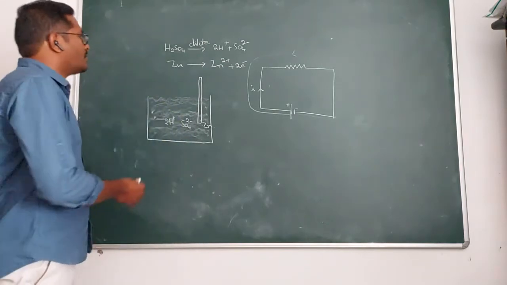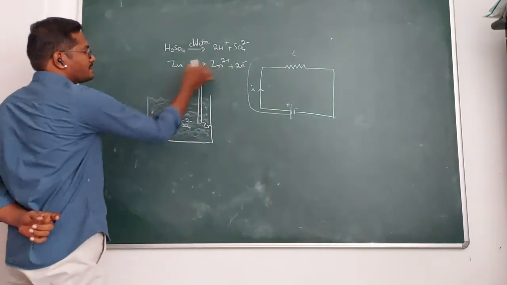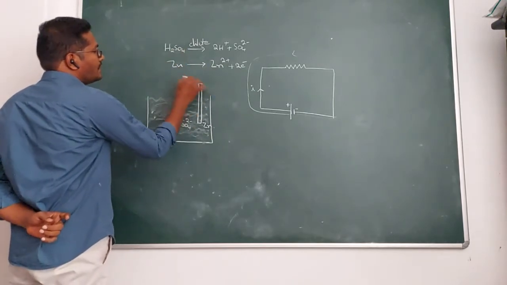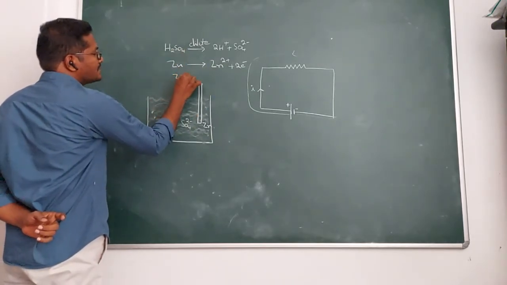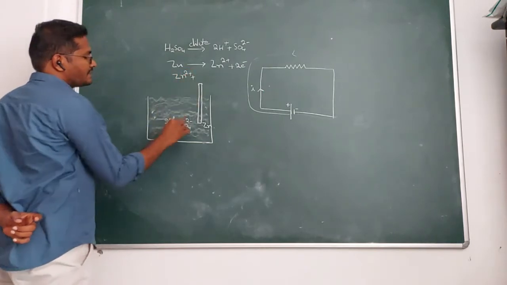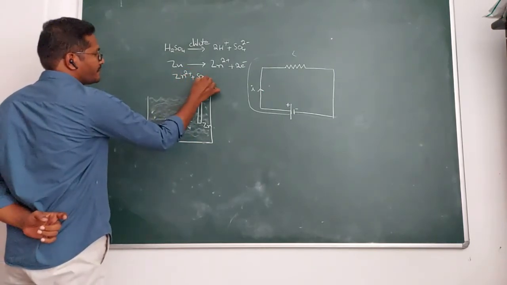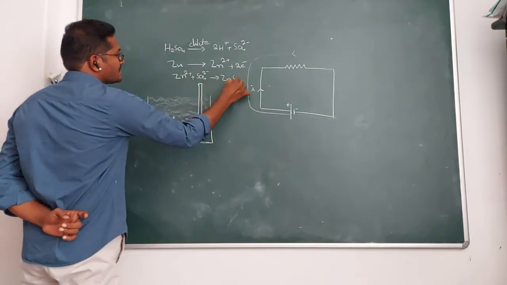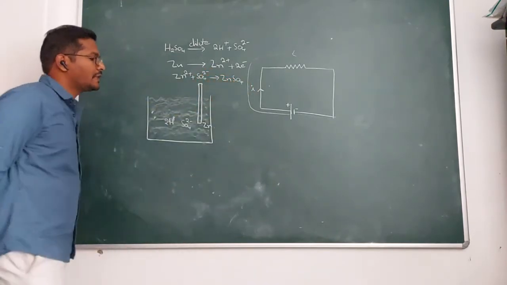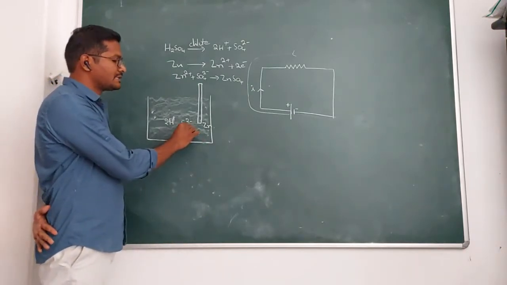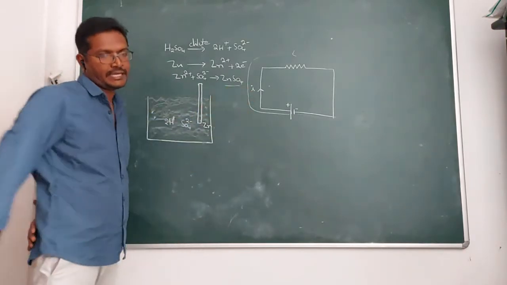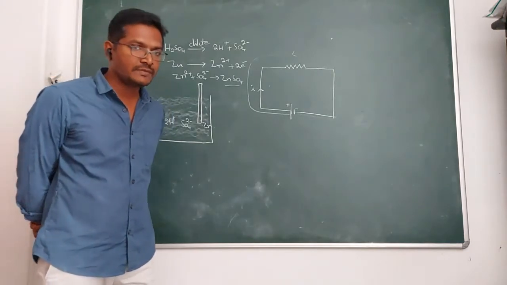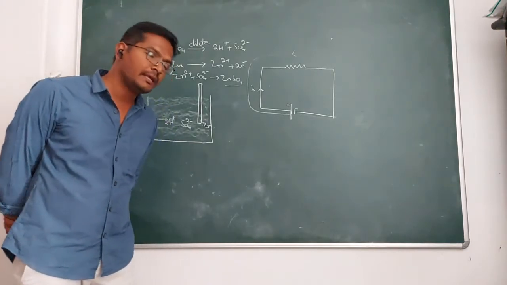So this Zn2 plus will mix with SO4 2 minus, and then you will get ZnSO4. This SO4 2 minus is trying to become ZnSO4, which is at a lower energy state. Always atoms try to be at their lower energy states.